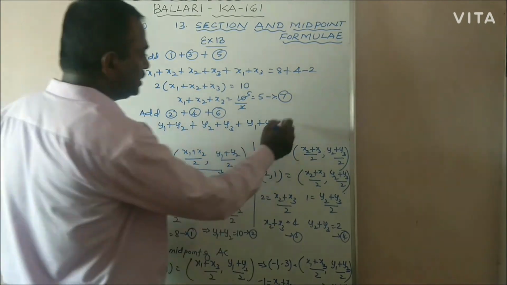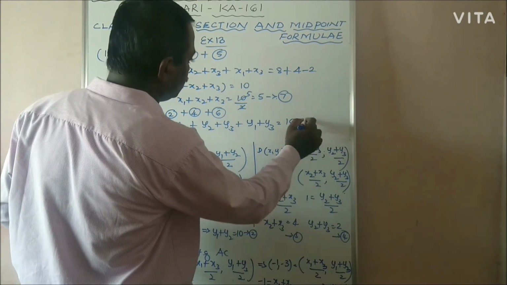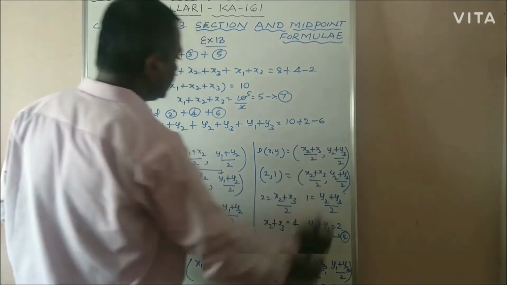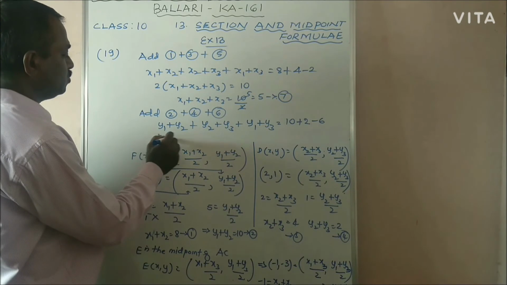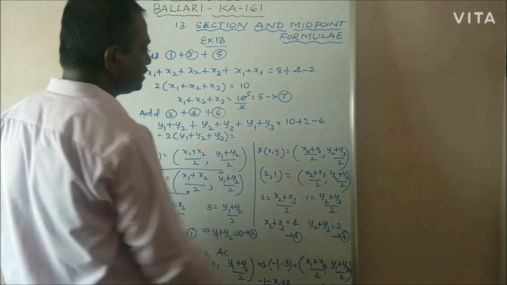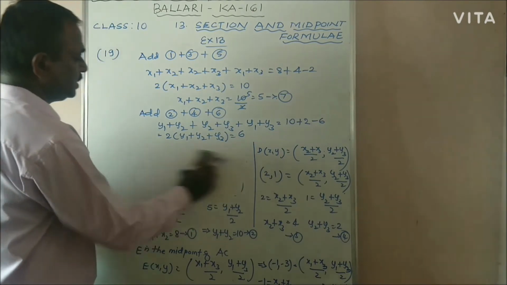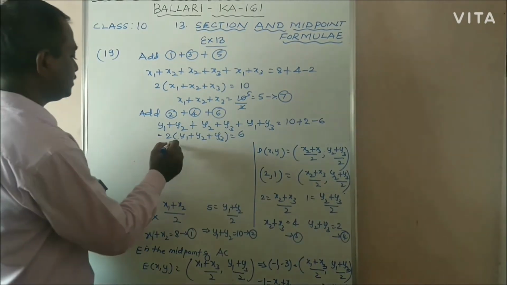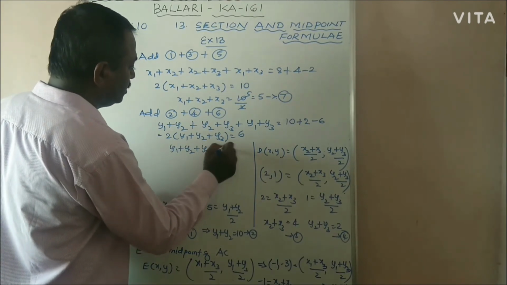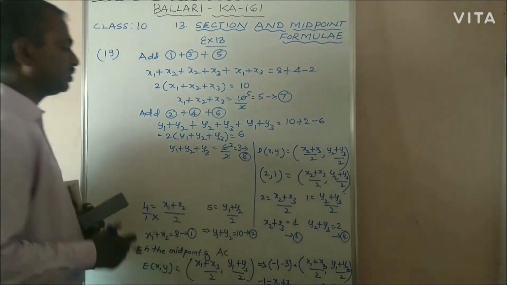RHS: 10 is there, plus 2 is there, next minus 6 is there. So here also 2 times: 2 of y1 plus y2 plus y3 is equal to 12 minus 6, 6. Okay, so therefore y1 plus y2 plus y3 is equal to 6 by 2, 3. Equation number 8.